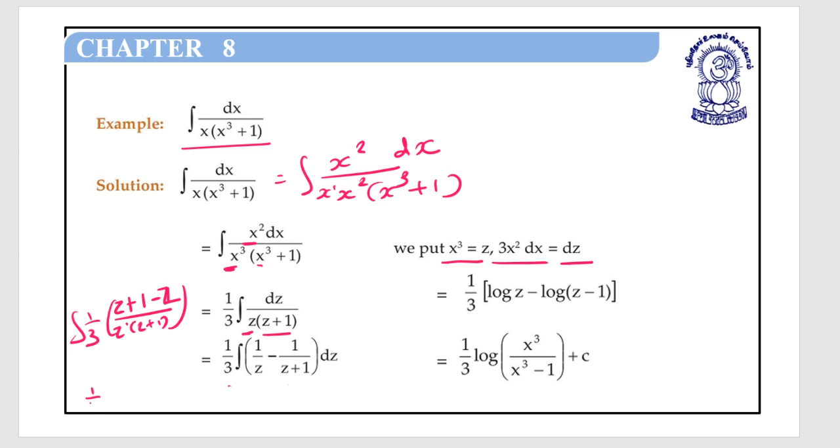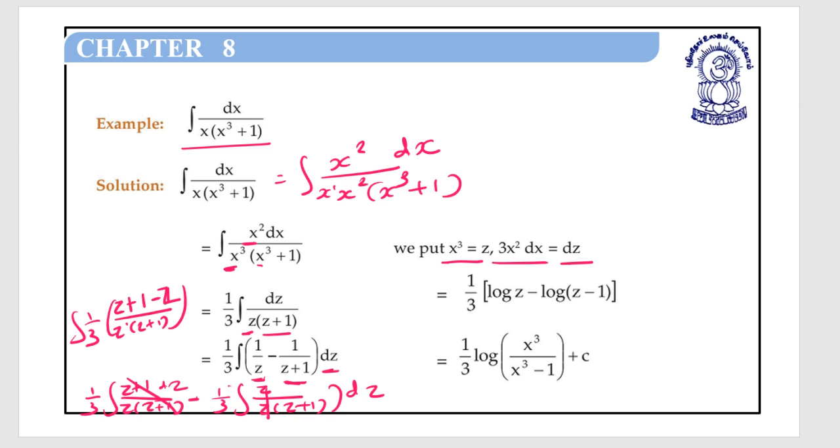Now 1 by 3 constant, so you can write integration of z plus 1 minus z by z into z plus 1 dz. z plus 1 cancel, 1 by z is here, minus z cancel, 1 upon z plus 1 dz.